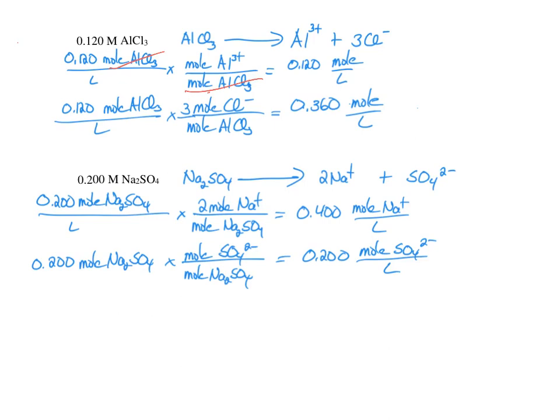In the second part, the moles of aluminum chloride also cancel out, but we have to multiply our numerical number by 3 because every mole of aluminum chloride releases 3 chloride ions. In the next problem, we have moles of sodium sulfate canceling out, and every mole of sodium sulfate releases 2 moles of sodium, but only 1 mole of sulfate ions.